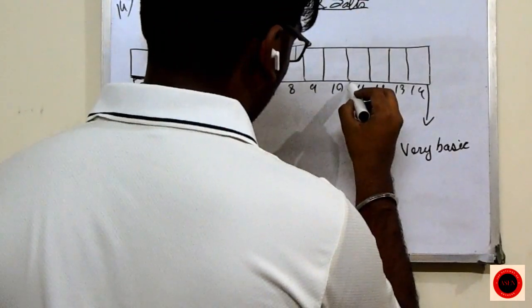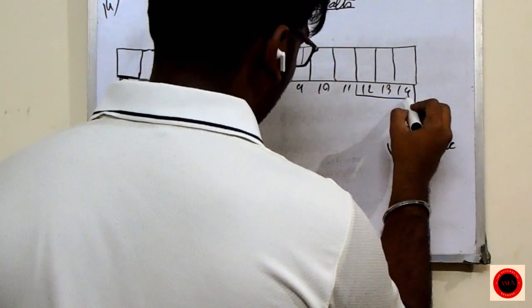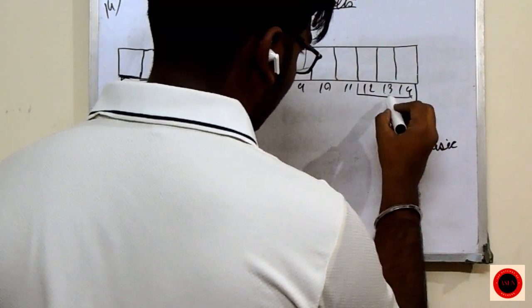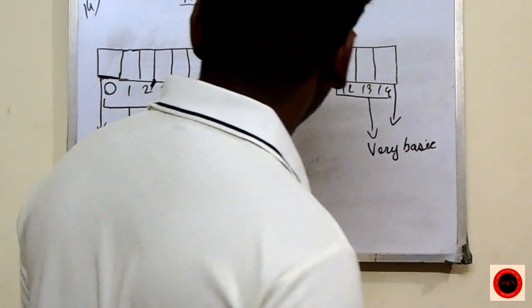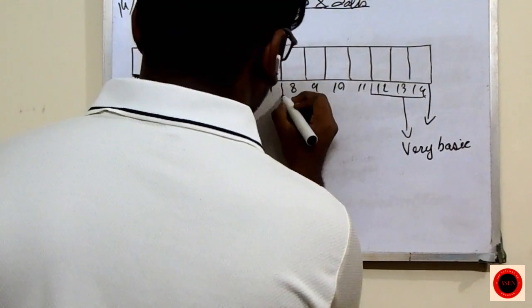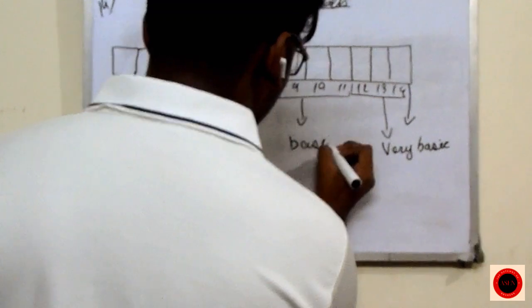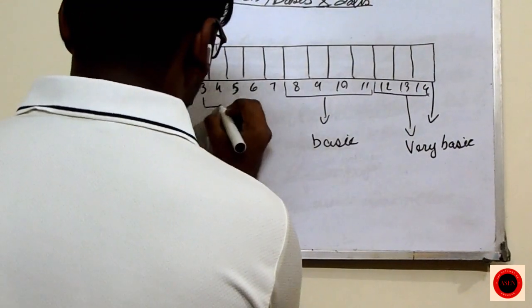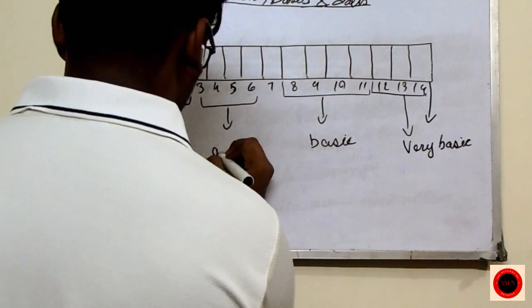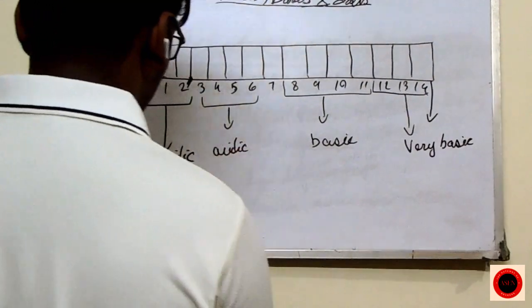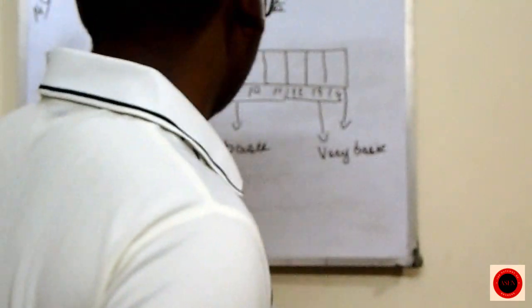Suppose 12, 13, 14, very basic. 8, 9, 10, 11, basic. 3 to 6, acidic. Not very acidic, not very basic.